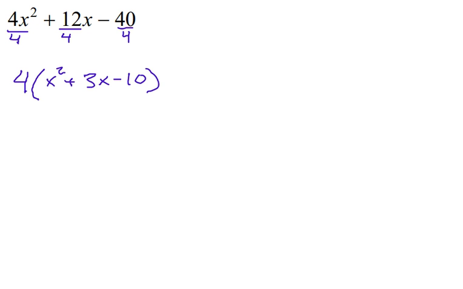Okay, now we've got a quadratic with a leading coefficient of 1, so we factor it just like we did the last one. Factors of negative 10 this time. Numbers that need to multiply to equal negative 10, but they need to add up to the middle number, 3.